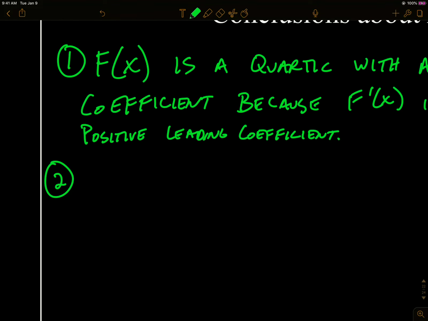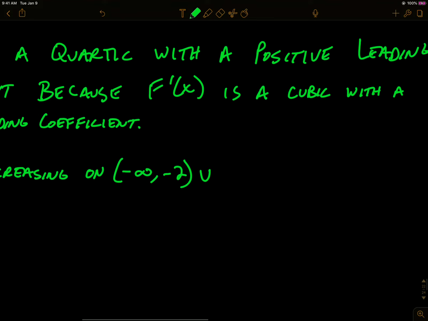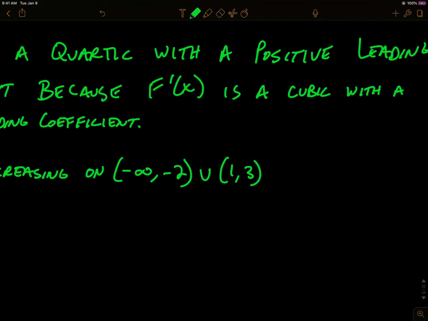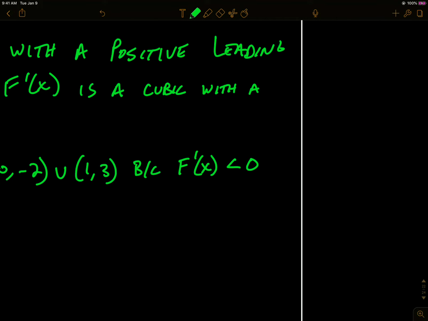The next thing I know is that f of x is decreasing on negative infinity to negative 2 union 1 to 3, because f prime of x is negative on these intervals.